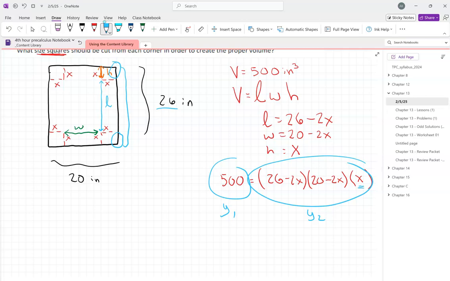So if I have an x here, I know x has to be greater than or equal to 0. Is everybody okay with that? What's the biggest possible x I could have before I end up with a negative side length? I'll give you a hint.